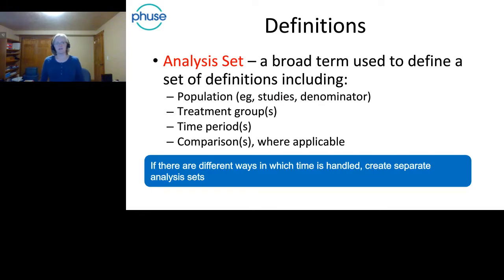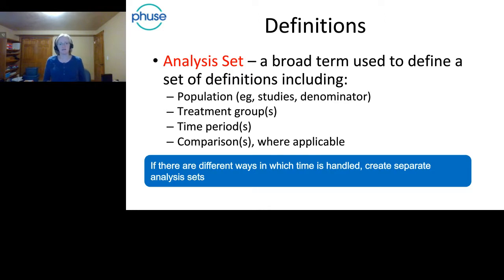Okay, another definition that comes up for individual studies too, but is maybe more important for integrated analyses, is the concept of an analysis set, right? This is not necessarily consistent nomenclature either. A lot of times people will just say pooled set or use different language, but we can think of an analysis set as a broad term used to define a set of definitions, right? What is the population going into this analysis set?